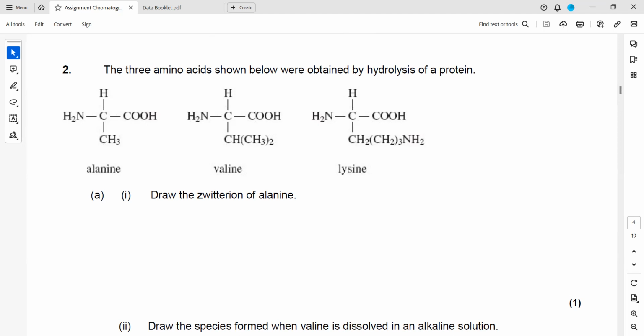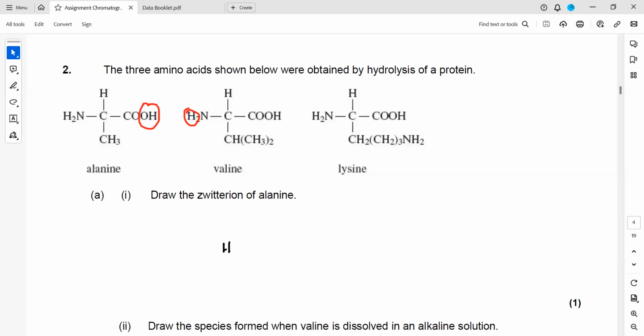So how can we link them with each other? We want to form an amide or a peptide linkage. So how will the amide or peptide linkage form here? This will lose its OH and this will lose one of the H, not both, one of the H will be lost. So as a result, what will be the structure?